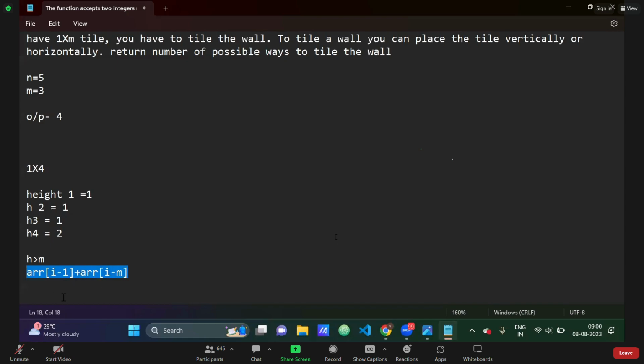This will be my total number of possibilities: array of I minus 1, that is the previous n cross m matrix, plus that particular height minus width value gives you that particular single tile.